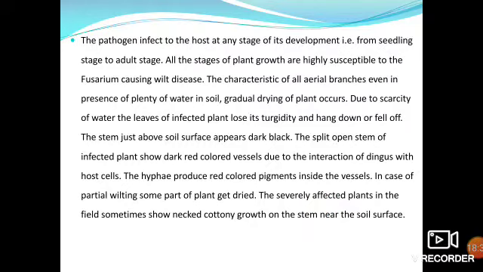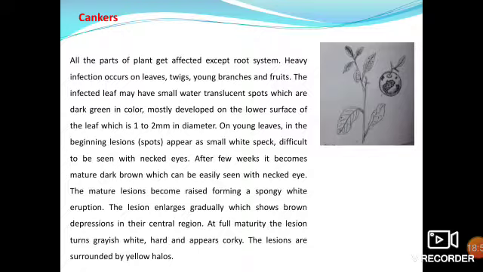In case of partial wilting, some part of the plant gets dried. The severely affected plants in the field sometimes show naked cottony growth on the stem near the soil surface. In severe condition, at the base of the plant near the soil surface, they show the cottony outgrowth.